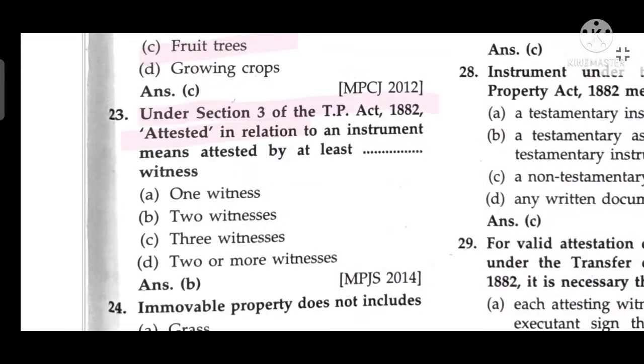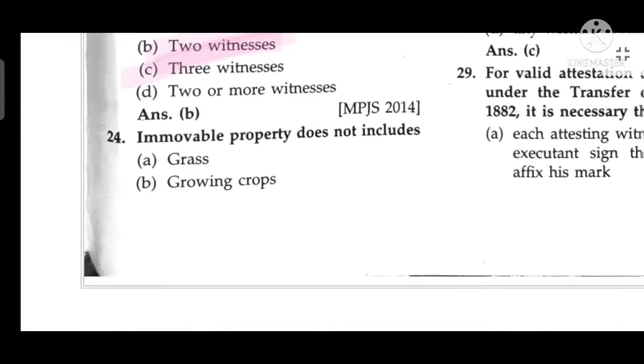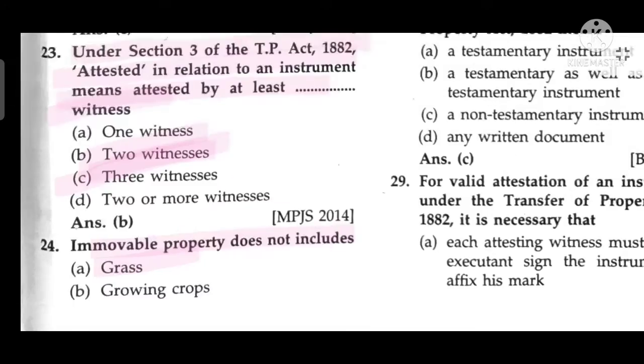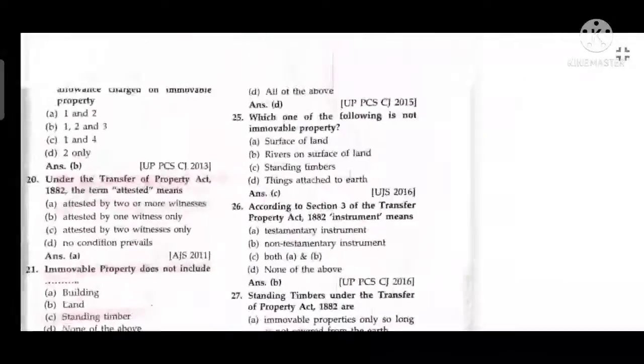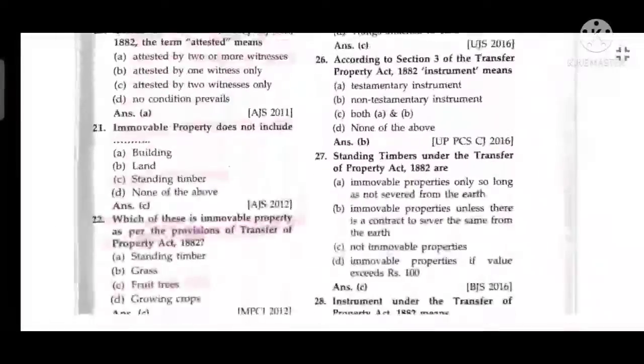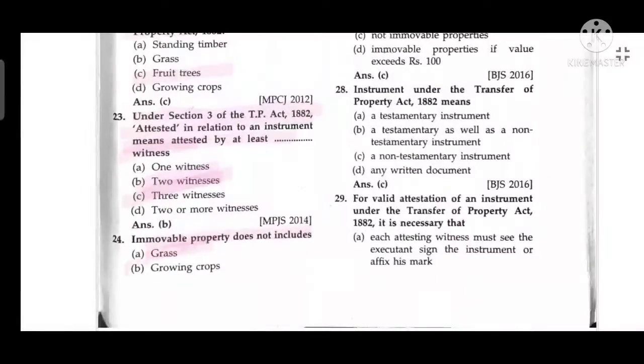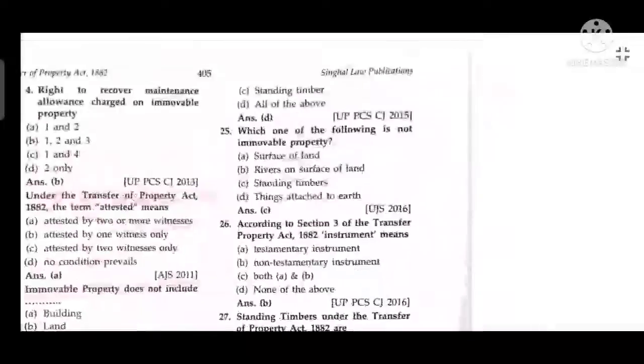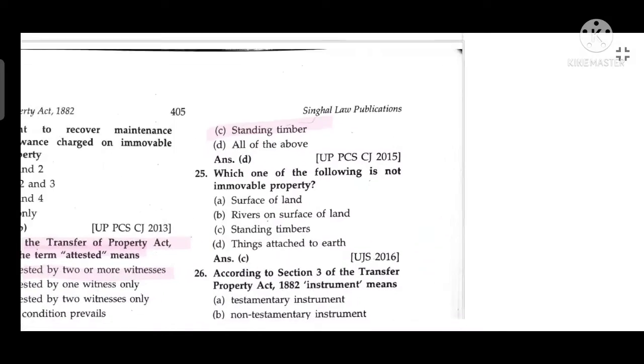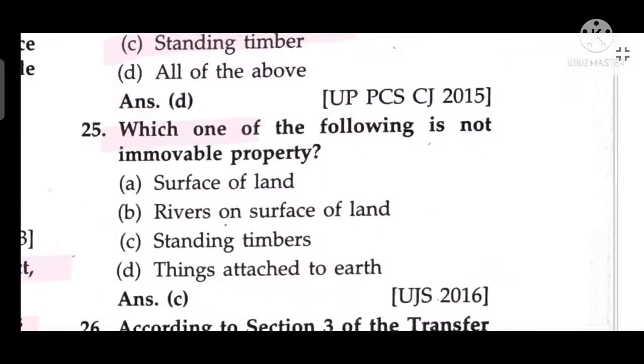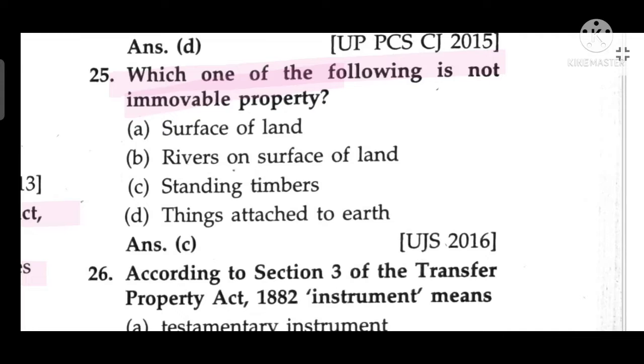Under Section 3, attested in relation to an instrument means attested by at least two witnesses. Immovable property does not include grass, growing crops, standing timber.